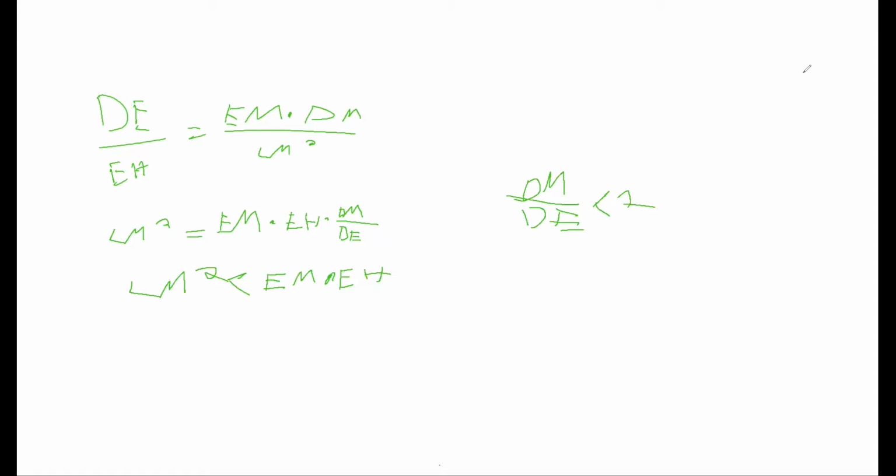And it's very clear that DM has to be less than DE because DM is a part of DE and the part is less than the whole. So I kind of saw that with Euclid to some degree. I think it's a really cool way to do it.